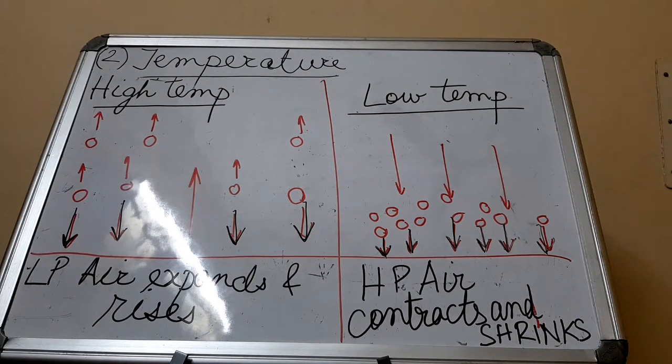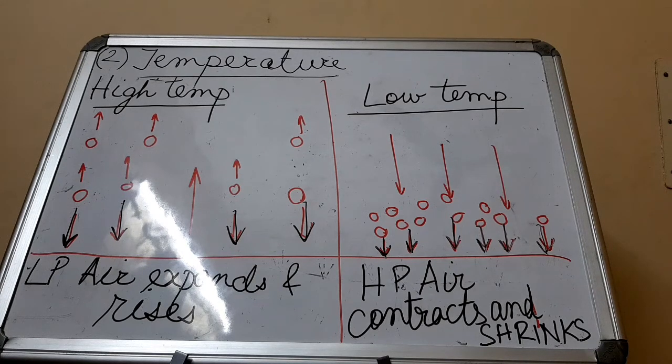So once again, if we look at the lower part of the board, it explains how temperature and air pressure are related. So higher the temperature, lower the pressure, because the hot air expands and rises, leaving behind very little air to exert pressure, which can be seen by the black arrows.